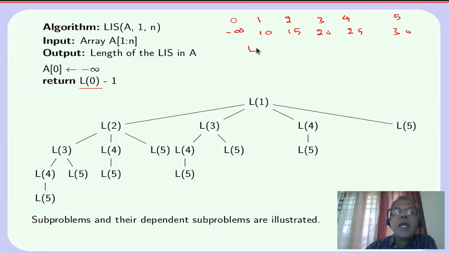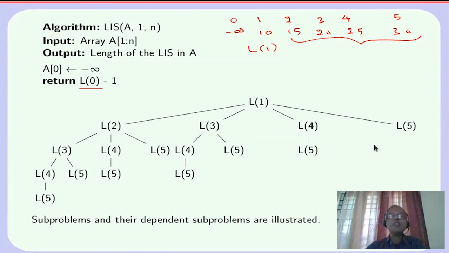To calculate L of 1, it will consider all the elements to the right which are larger than the first item. In this particular example, 15, 20, 25, 30 are all larger than 10. Therefore, calling L of 1 will result in calling L of 2, L of 3, L of 4, L of 5. Calling L of 2 will result in calling L of 3, L of 4, L of 5. Calling L of 3 will result in calling L of 4, L of 5, because of the nature of the problem: the elements are already in sorted order. Calling L of 4 results in L of 5 and so on.